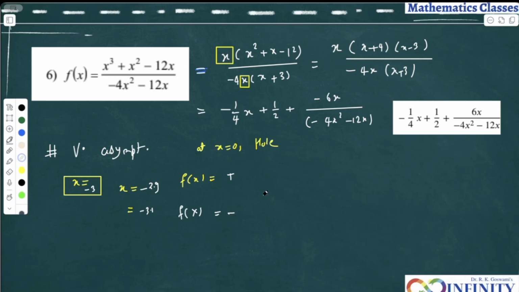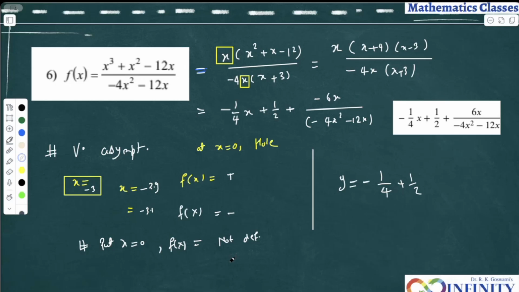Okay. So you also get oblique asymptote like y equals negative 1/4 x plus 1/2. Now we need the intercepts. Now I'm asking you to put x equals 0 there. Tell me the value of the function, which is not defined because it is 0 by 0 format. Am I right?